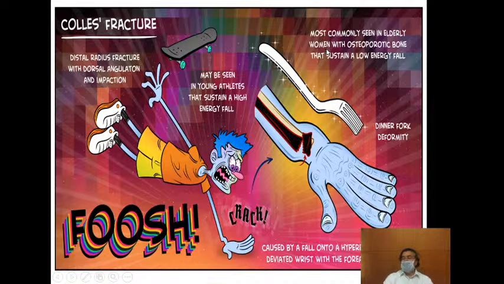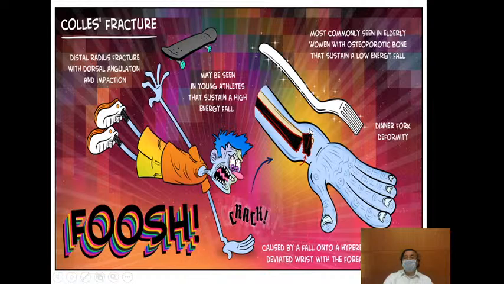After menopause, the bones become soft because the effects of estrogen are lost in the postmenopausal period. Then the bones become more osteoporotic, and even a low energy fall or a simple injury can lead to this type of deformity. All of you can see this fracture which is in the distal radius.